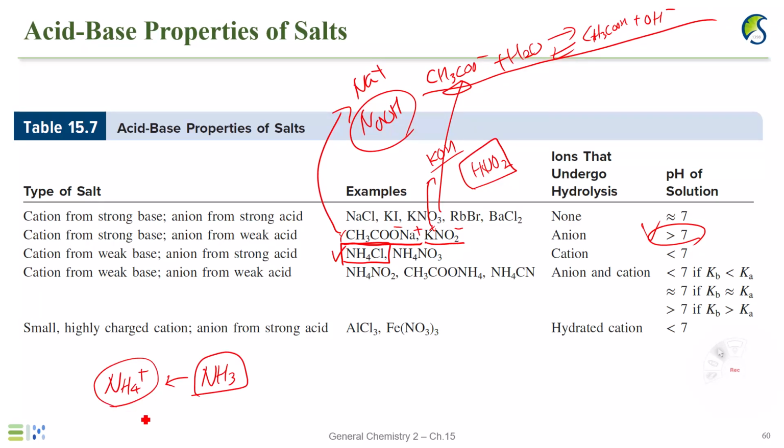So it does something, to generate H3O plus in water. However, the Cl minus here, the anion, Cl minus is from HCl, right? So it doesn't do anything. So the solution that has NH4Cl becomes acidic, with a pH lower than 7.